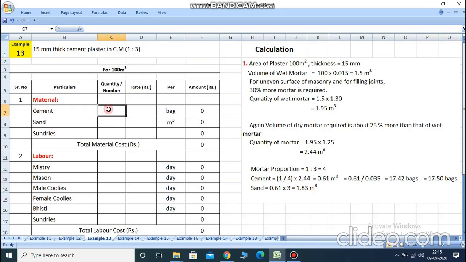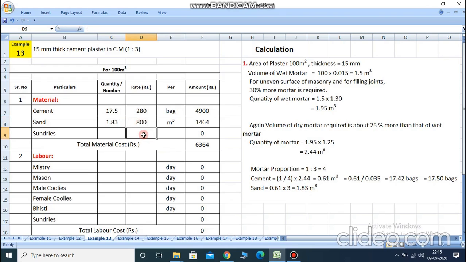Now we write here both the values of the cement and sand quantity. So here 17.5 bags is required, and 1 bag rate is 280 rupees, and sand quantity is 1.83, which we already calculated, at 800 rupees per meter cube rate of the sand.